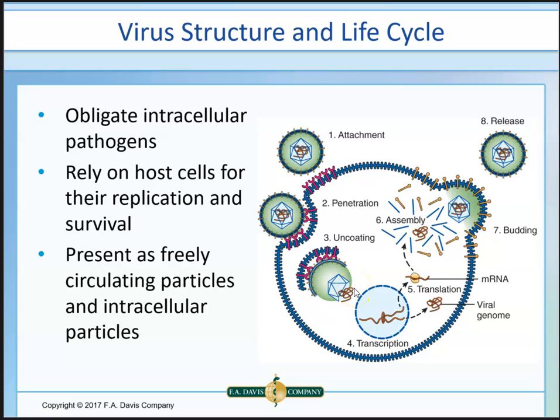Transcription of the viral nucleic acid now occurs, then translation to produce more viral proteins. Those assemble to produce intact virions, which then bud off of the host cell and get released, its progeny, as they call it.